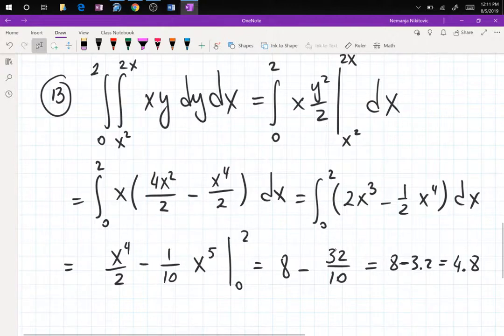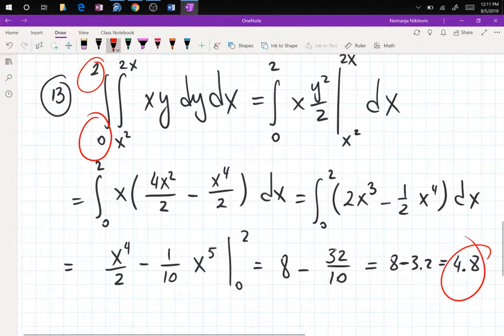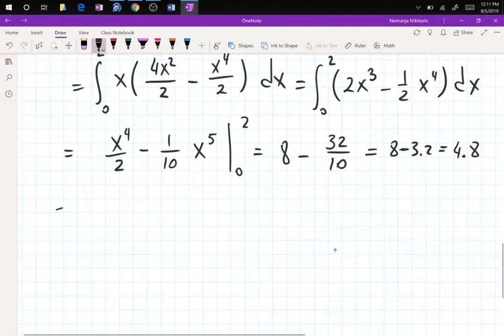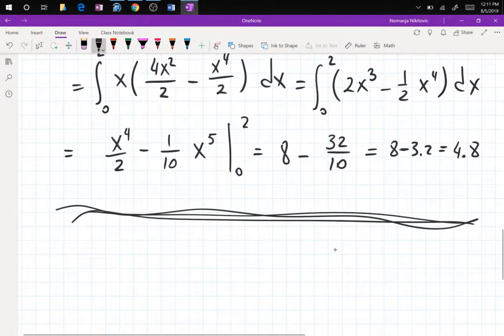If these limits must be numbers at the end, you will get a number at the end. If you have functions, then clearly the answer must be in terms of whatever variables you had on the outside. So you should always stick with having the numbers on the outside. Let's try another example.